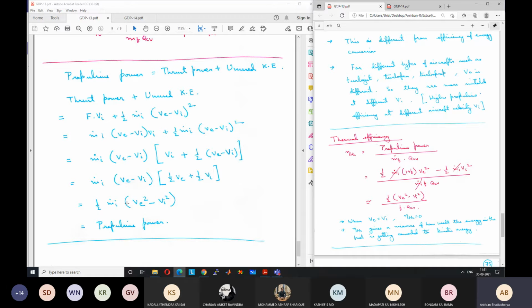How efficiently the engine is converting the chemical energy of the fuel into kinetic energy. Now we could not use the entire kinetic energy because some of it is getting lost to the atmosphere. That's why we had the propulsive efficiency.